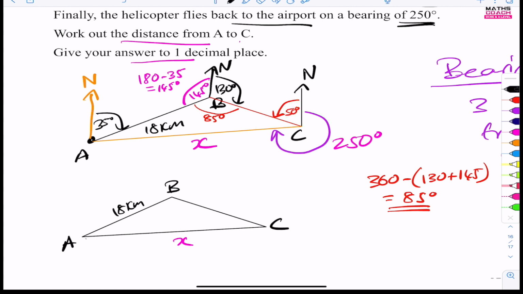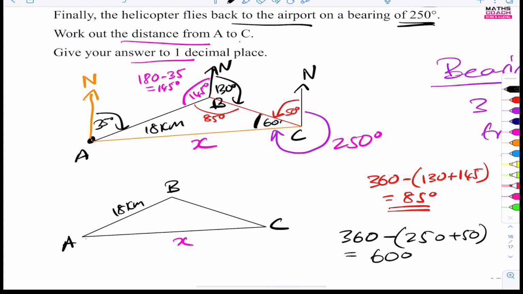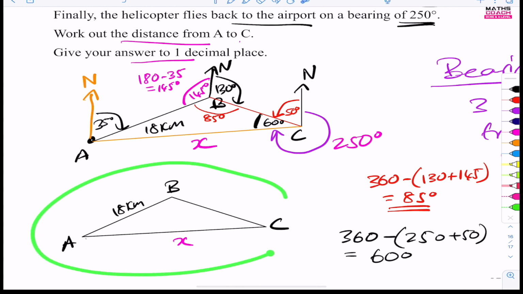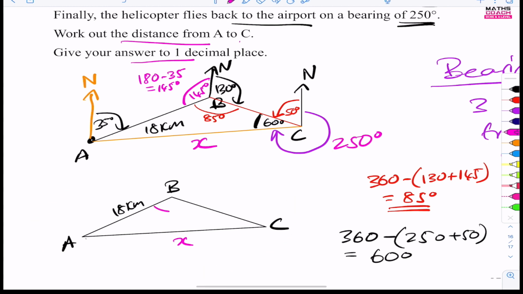So we do 360 minus 250 plus 50, and that gives us 60 degrees. Now let's populate all of those angles in here. So we know that this is 85 degrees and this is 60 degrees.